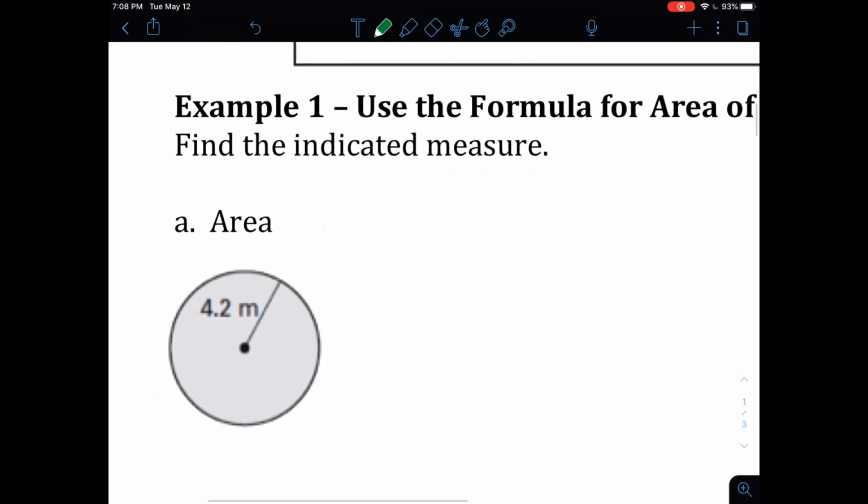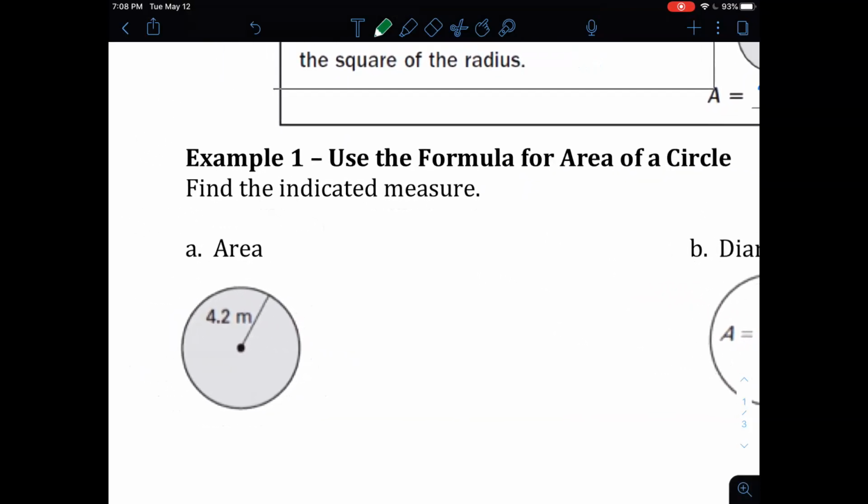So, find the indicated measure. Use the formula for area of a circle. We're looking for the area, and what is this 4.2 right here? Is that area, radius, or diameter? We know the radius equals 4.2. So again, we're going to use the formula area equals pi r squared. We're going to plug in this 4.2 for r.